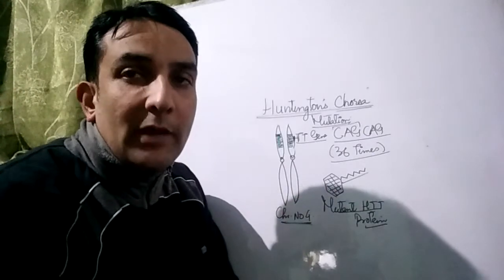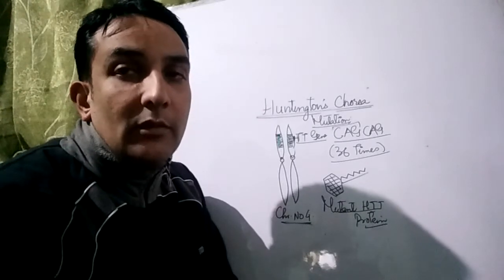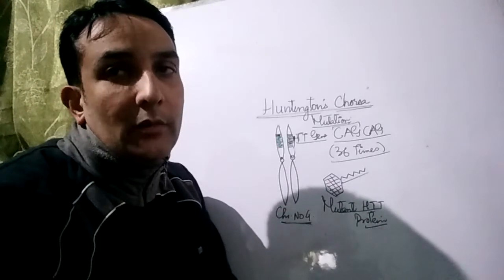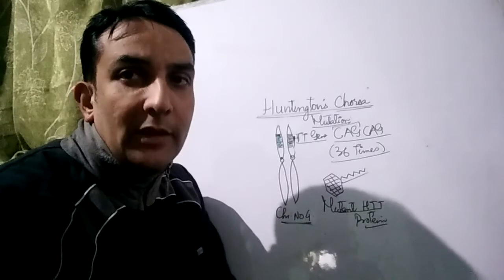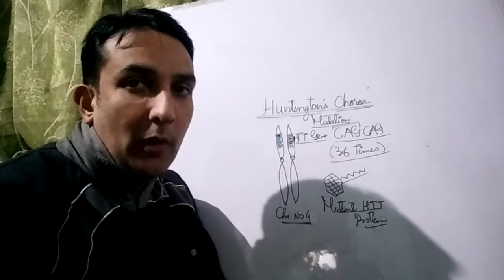Because in the normal HTT protein, in the tail of the protein there would be 20 glutamine amino acids, but in the mutant HTT protein there will be 36 glutamine amino acids in its tail. This is what creates the problem.